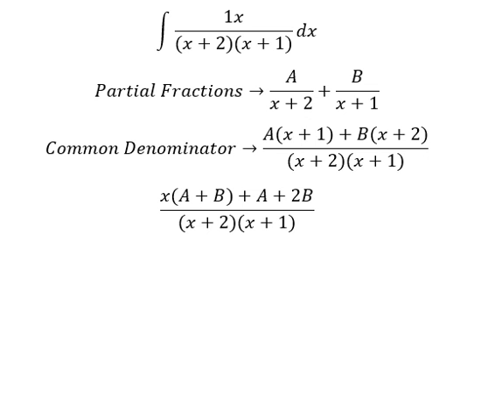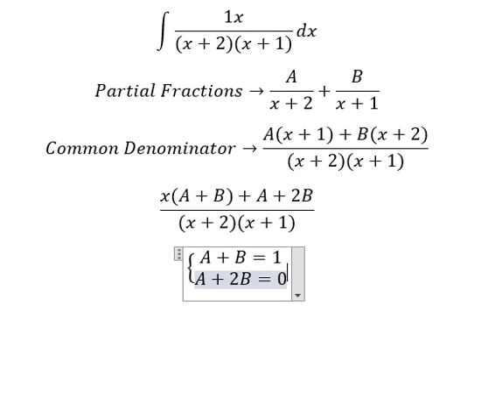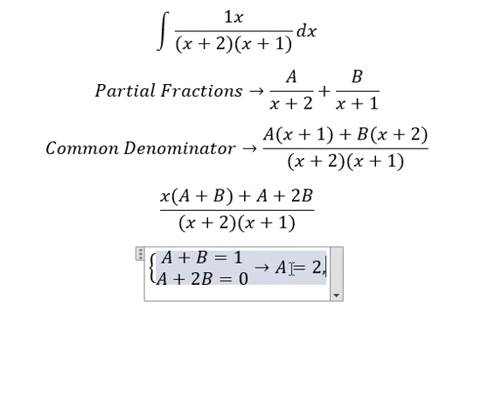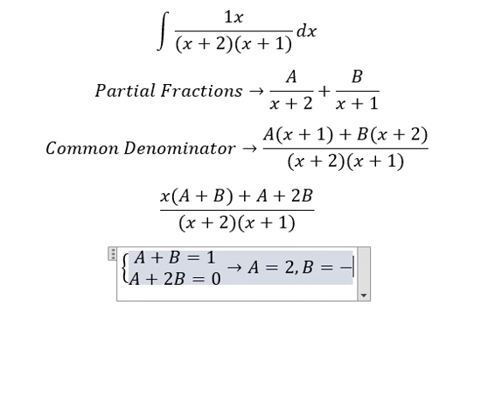And now we have the system of equations. So we can find the solution of A and B. So A equals number 2, B equals negative number 1.